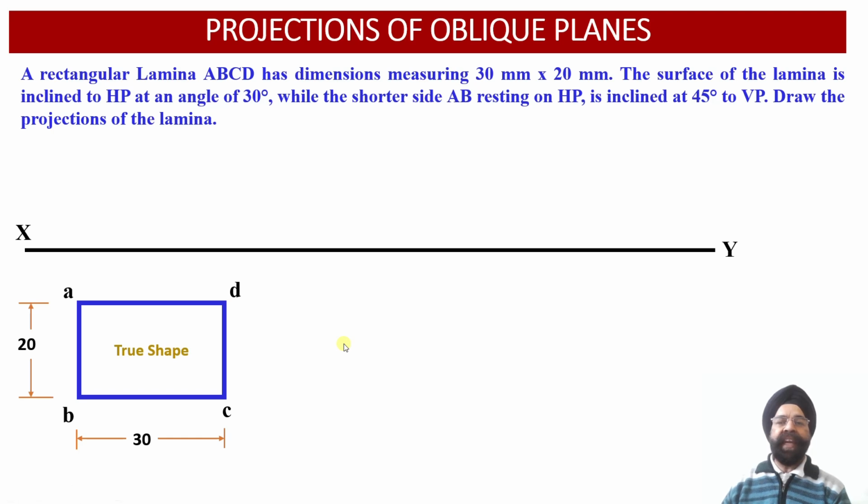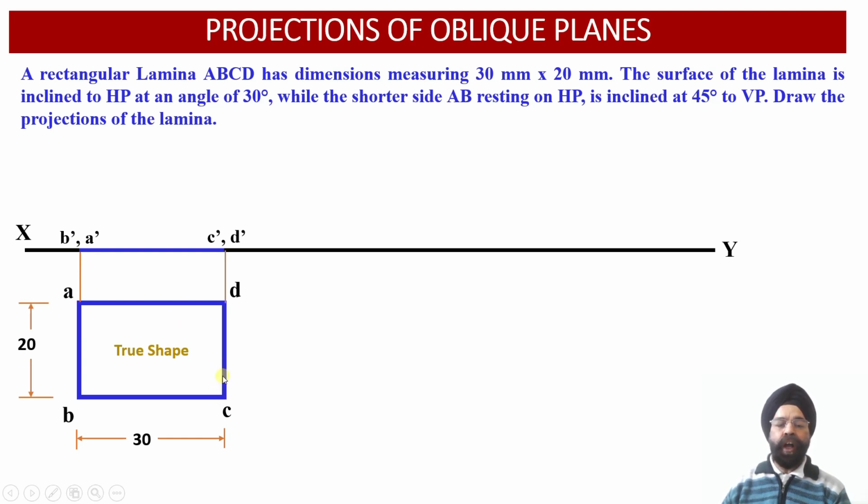Since this lamina rests onto the ground or onto the horizontal plane, the front view projections will reveal the edge view or the line view of this lamina. Now, if we look at this lamina from this side, we are going to observe that the B dash and A dash points coincide with each other.